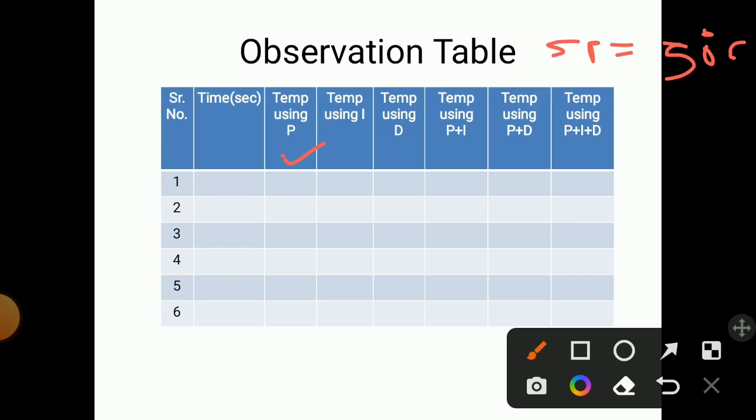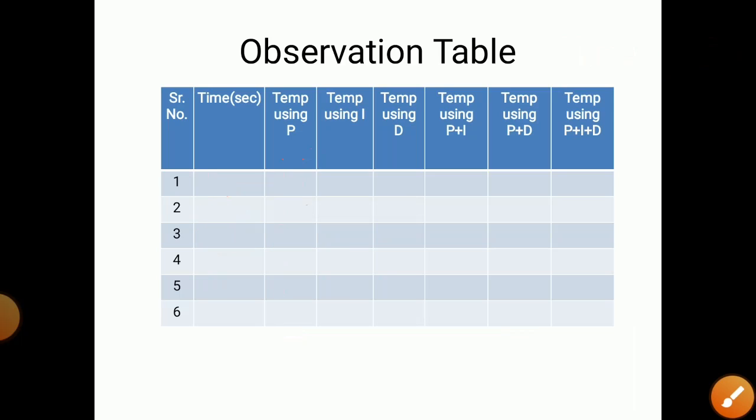Suppose we are using only P as the controller. At that time we note down the temperature as it rises from 0, like 10, 20, 30, 40, 50. Like this the temperature will rise, and for every 5 to 10 seconds, suppose for every 10 seconds, we are going to note down the temperature reading.